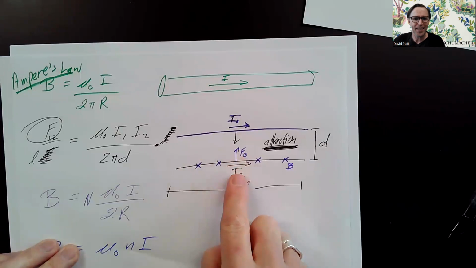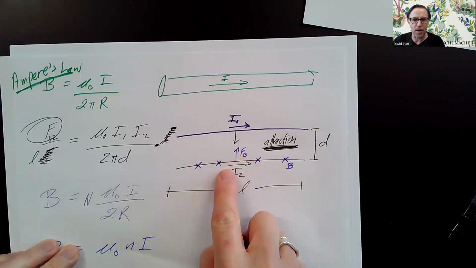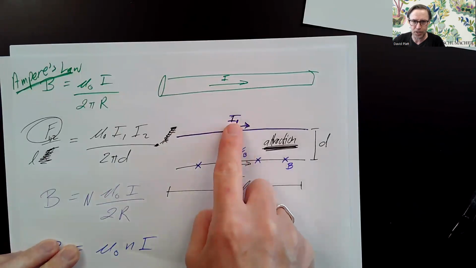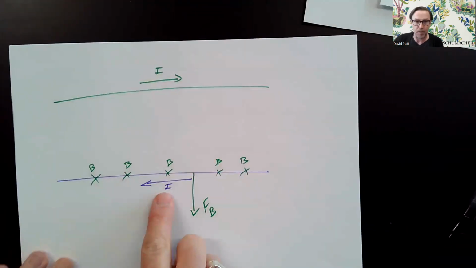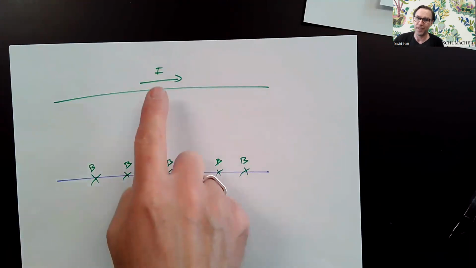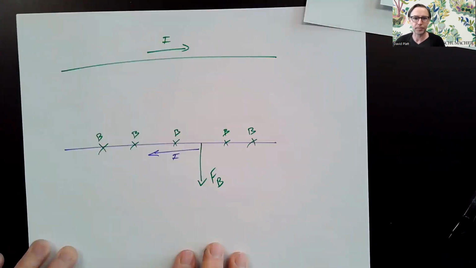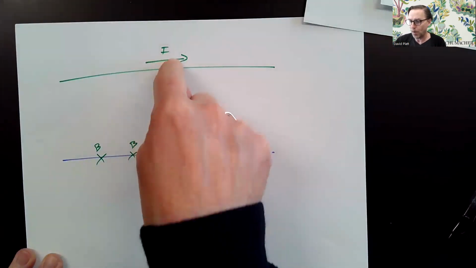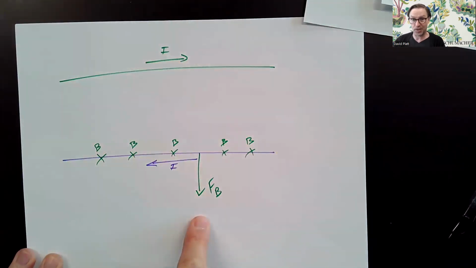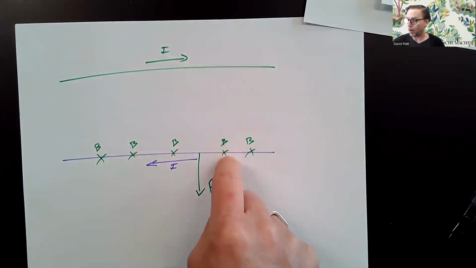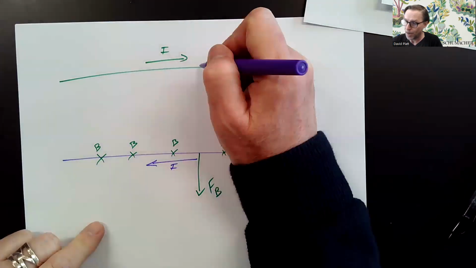Why is that opposite? Because here, the current in the bottom wire also traveled to the right, just like the current in the top wire. But here, the current in the bottom wire is traveling to the left, not like in the top wire. If top wire pushes bottom wire down, then bottom wire pushes top wire up.